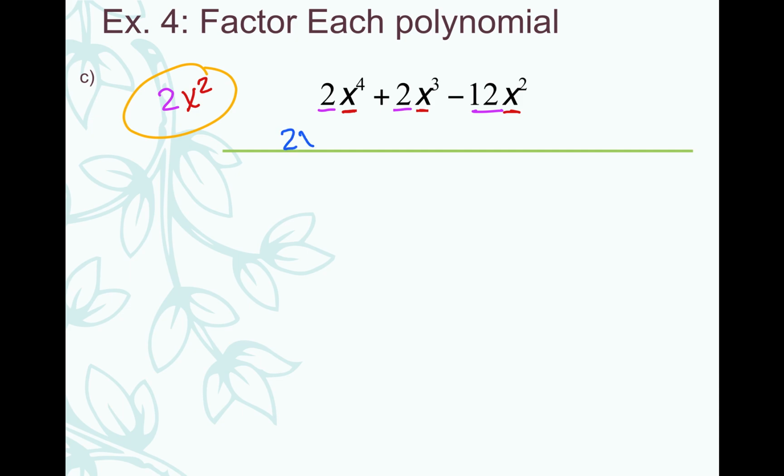So when I factor out a 2x squared from each term, I'm left with just an x squared for my first term, because remember, 2x to the 4th divided by 2x squared is just x squared. When I divide 2x cubed by 2x squared, I'm just left with an x. And when I do negative 12x squared divided by 2x squared, I'm just left with a minus 6.